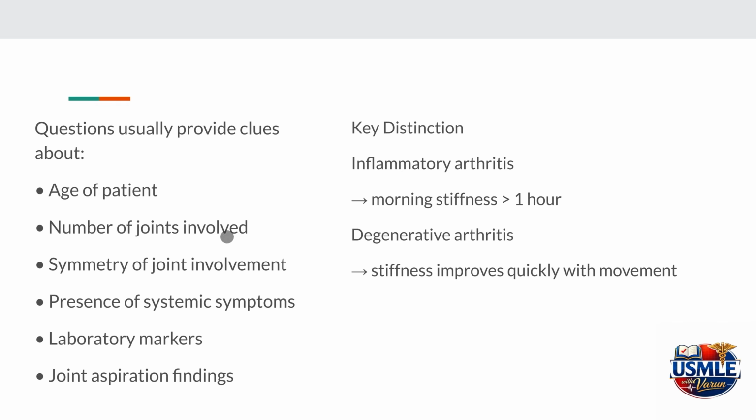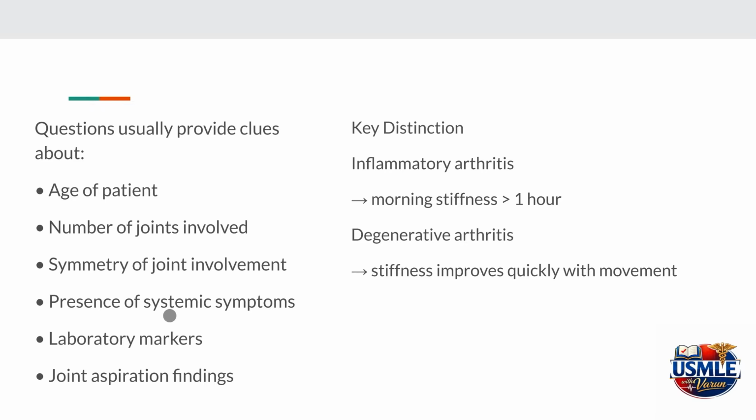In exam questions, arthritis is rarely asked directly by name. Instead, the question will give several clues. These clues often include the age of the patient, which joints are involved, whether the joint involvement is symmetric or asymmetric, and whether there are systemic symptoms such as fatigue or fever.